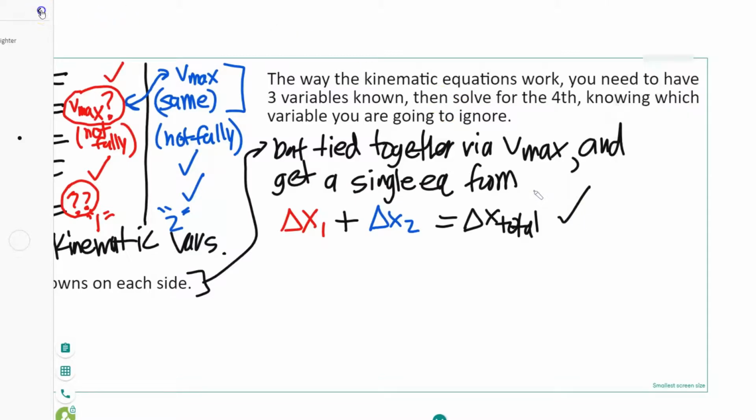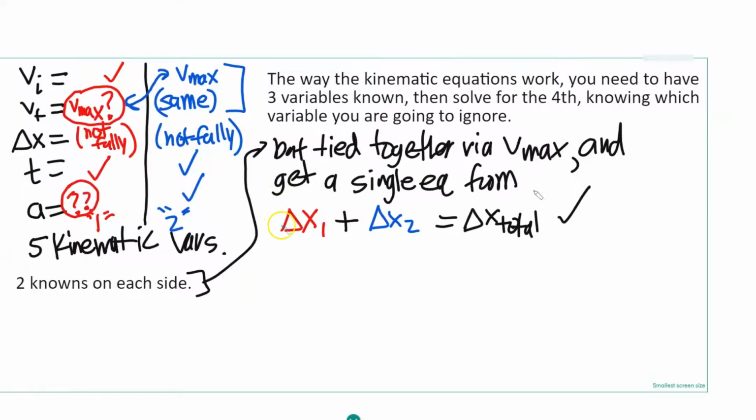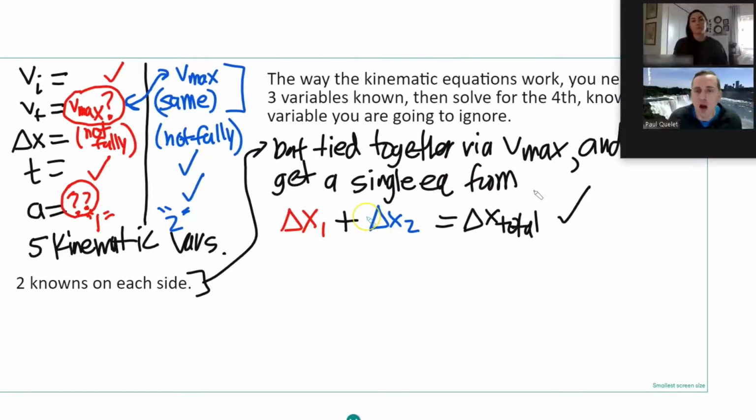Okay. Now here's what we want to do. We want the kinematic equations that can give us a delta x, like delta x1 or delta x2, but we want them in such a way that we only get one single variable, or we want to reduce it down to one single variable.